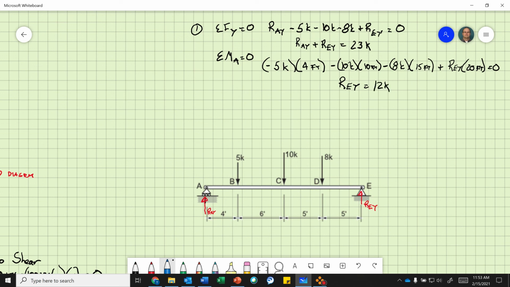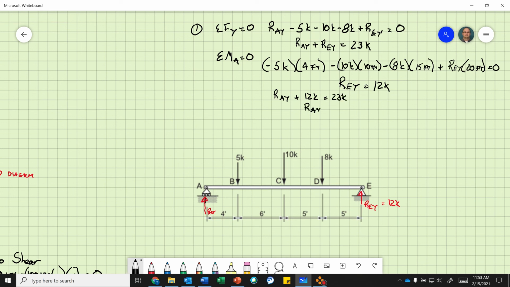Okay. I substitute. So RAY plus 12 kips equals 23 kips.